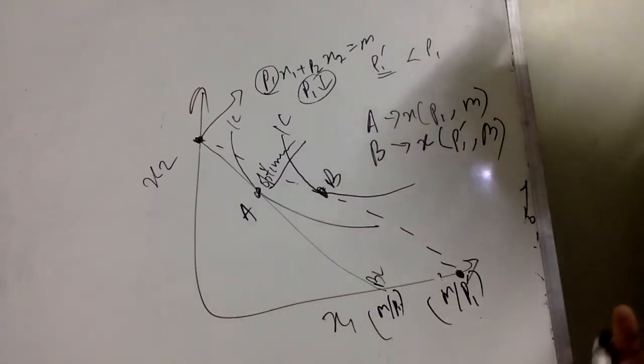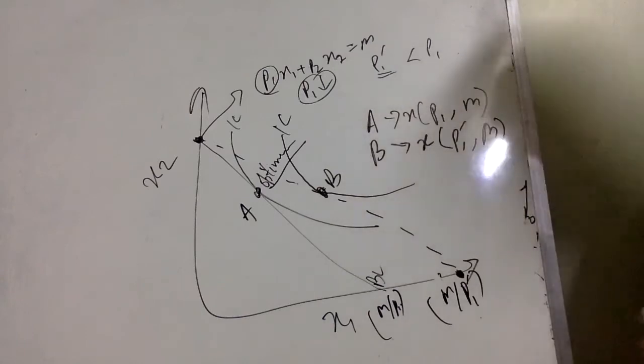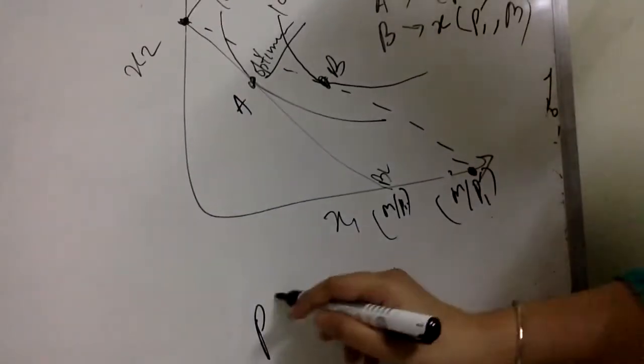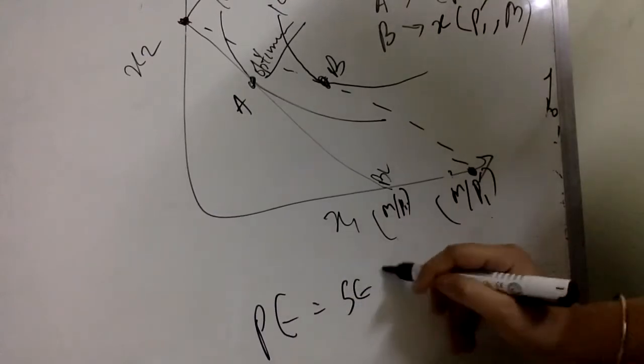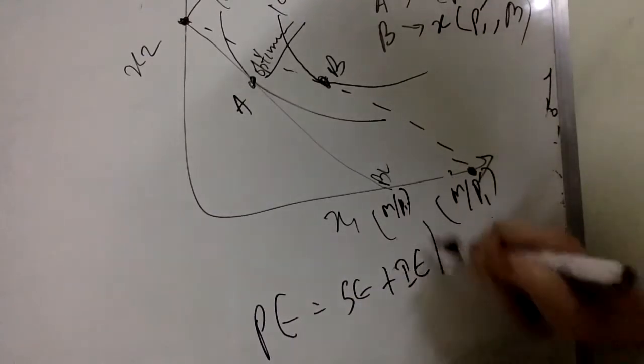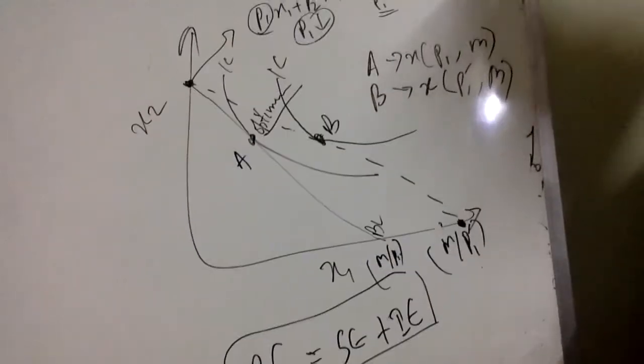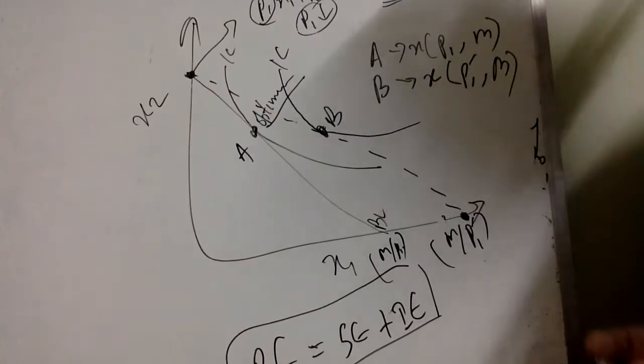Now in order to understand the decomposition of the total price effect, which we just discussed, the price effect is a sum of the substitution effect and the income effect. Let's decompose the effect like this. Graphically, how do we do it?